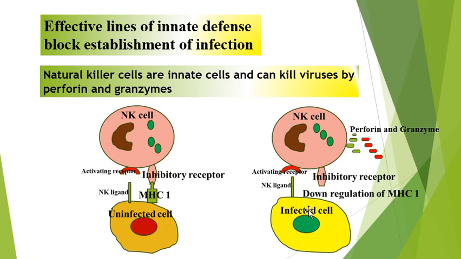So the NK cell recognizes this cell as an enemy and produces perforin and granzymes. Actually, perforin will induce perforation of the surface of the infected cell, and granzyme will enter through these pores and cut the nucleus and induce what is so-called programmed cell death.